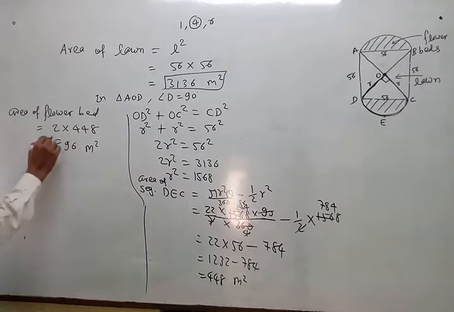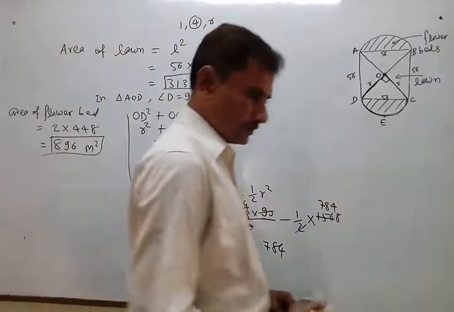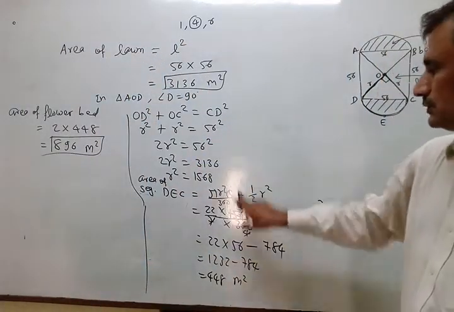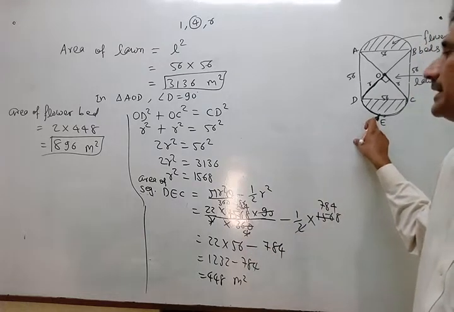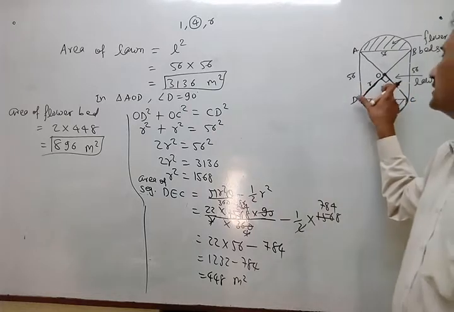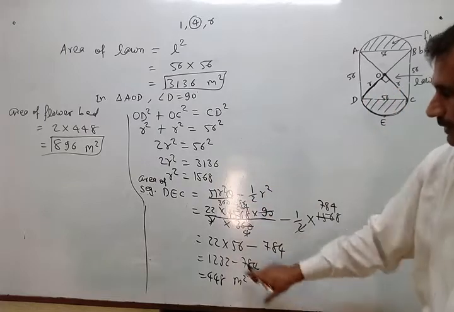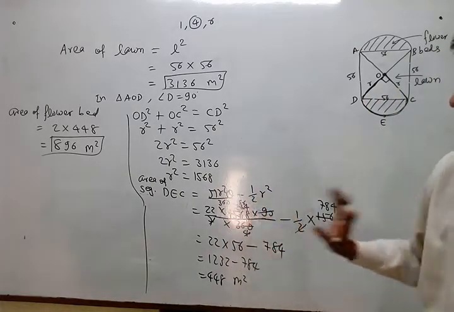Now this is the flower bed. We found first of all the area of lawn, then of the flower bed. But how? First of all, one part is a segment, but for finding the segment, R was missing. That's why we apply here the Pythagoras formula in this right angle triangle, and then we found the segment's area by the formula sector minus triangle.